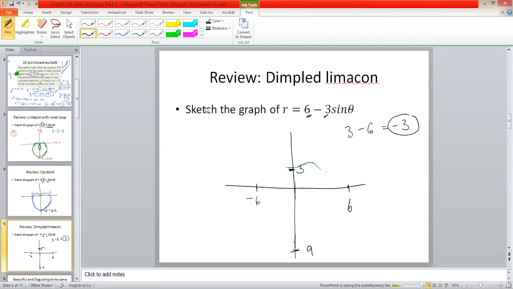Sorry, a bit off with the measurement today. Six, okay. And here's the shape of Dimpled Limaçon. Well, looks like an apple.